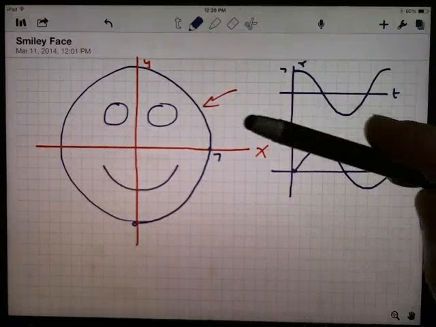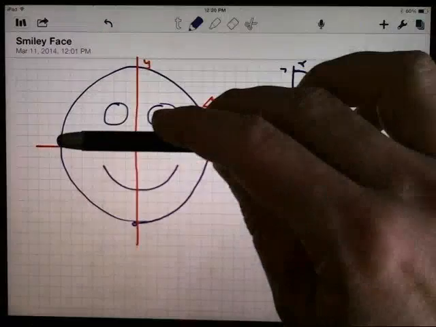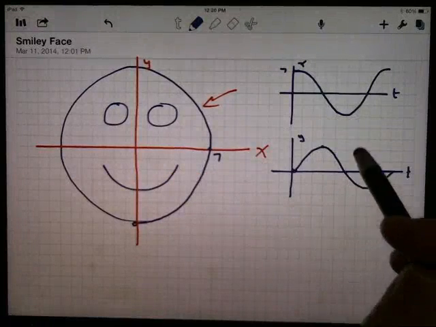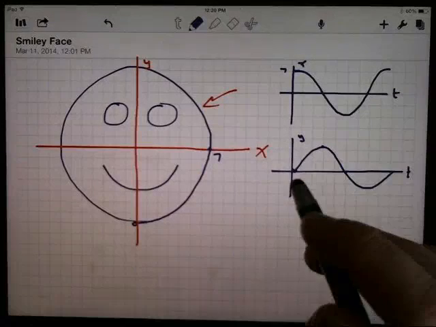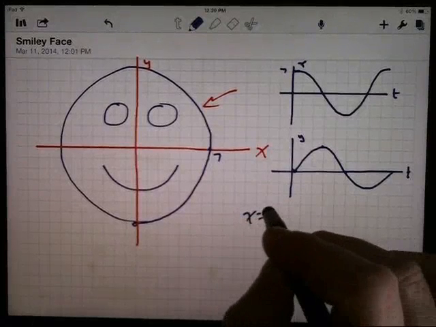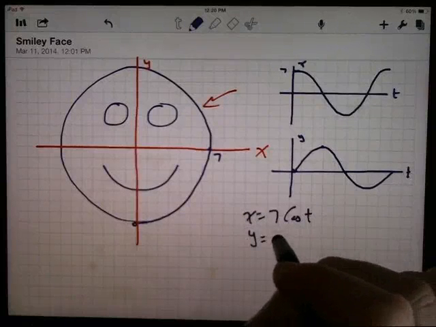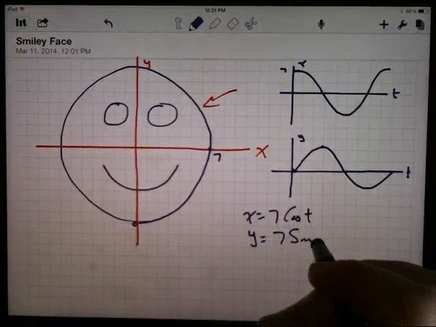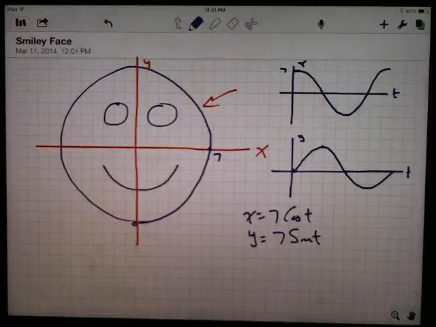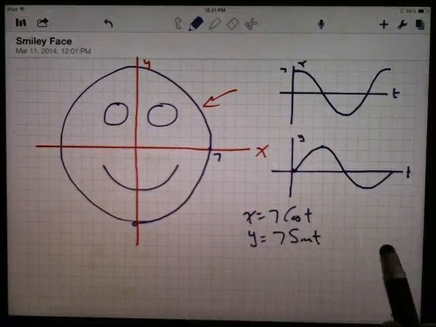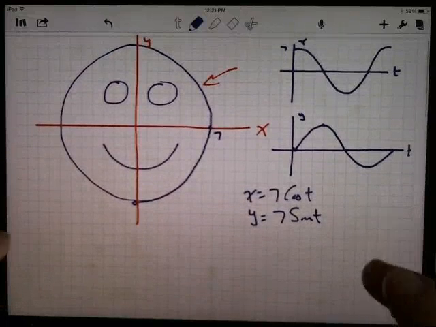The up and down part is 0, up to 7, back to 0, down to -7, back to 0 again. I look at those two things and I say, hey, that first one looks like x equals 7 cosine t, and the second one looks like y equals 7 sine t. And in that way, I have myself a nice circle. Okay, that's equations of a circle.